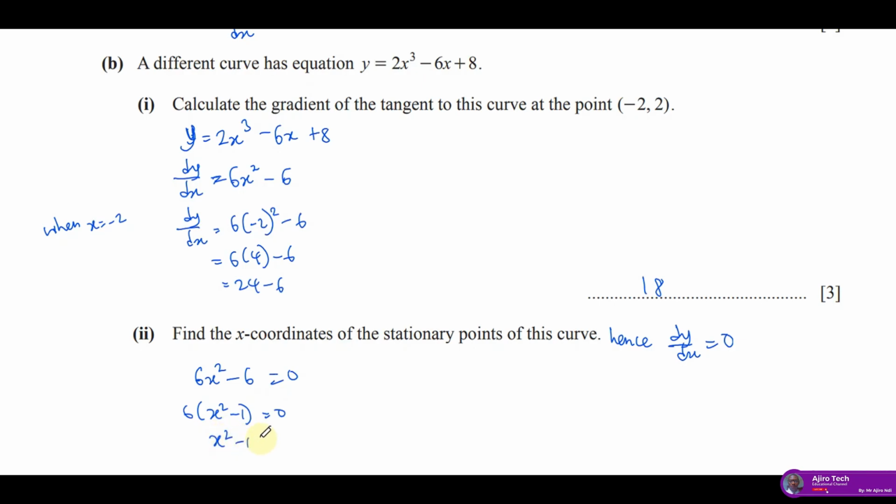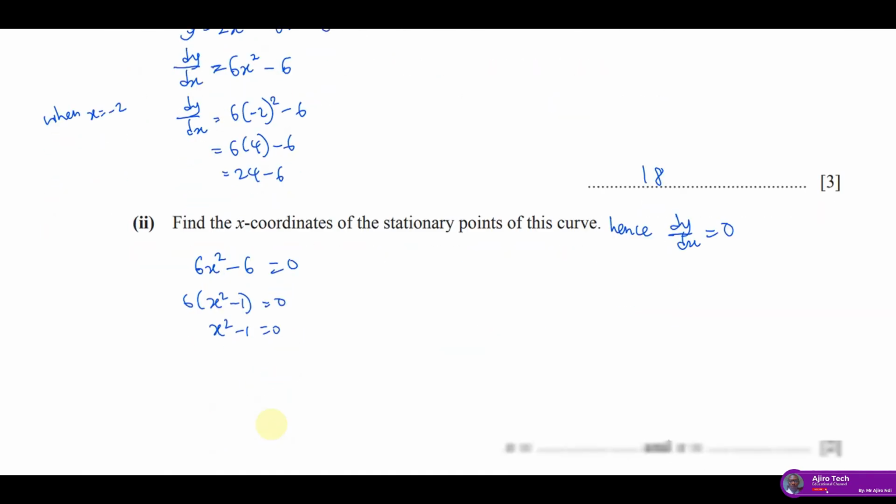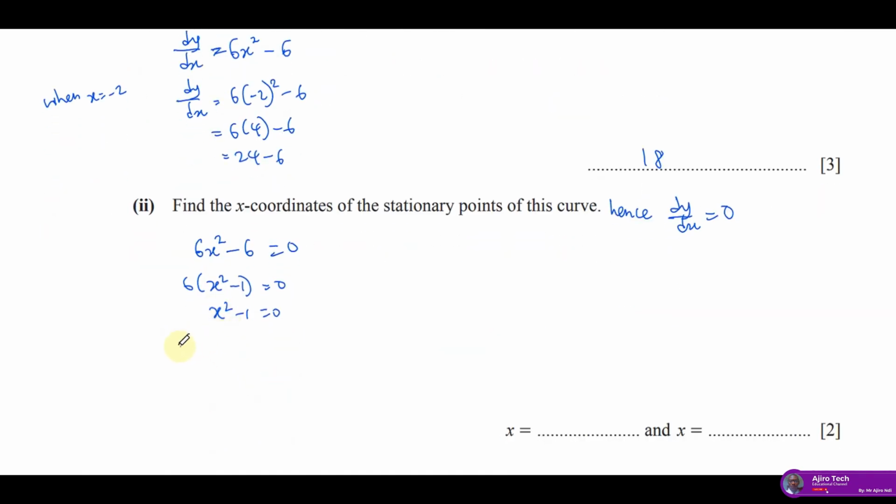Hence, x squared minus 1 is 0. I can now write this as x minus 1 into x plus 1 is 0. Hence, x minus 1 is 0 or x plus 1 is 0. x equals 1 or negative 1.